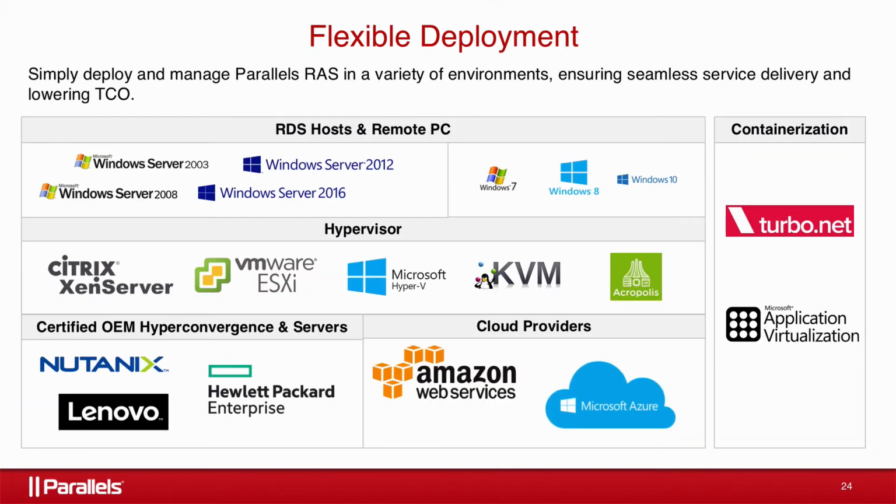When we speak about deployment, of course, we run on pretty much every version of Windows Server. So applications are available, not as a strict farm operating system like Citrix is.